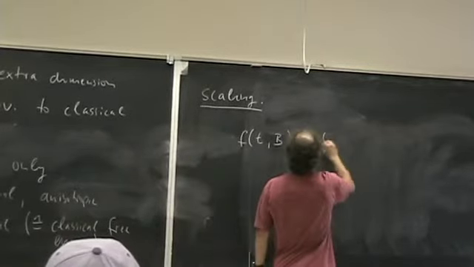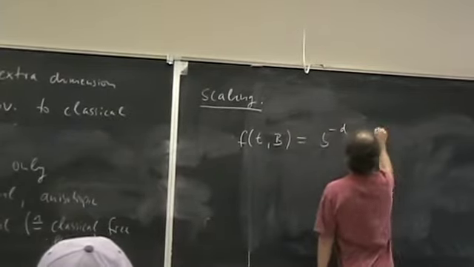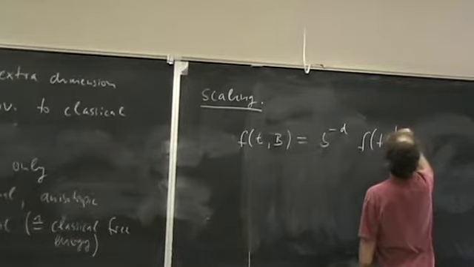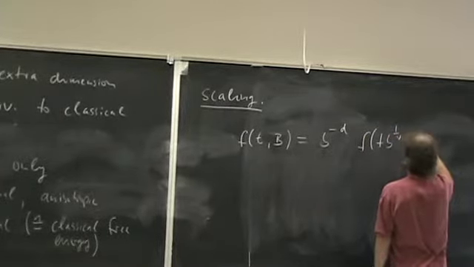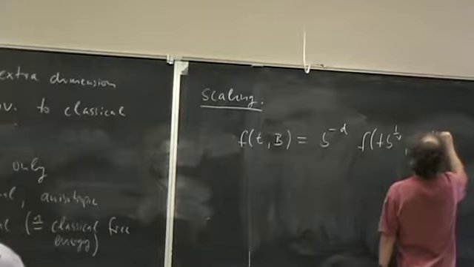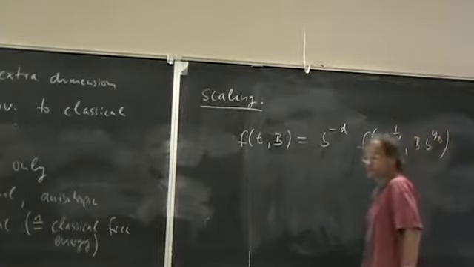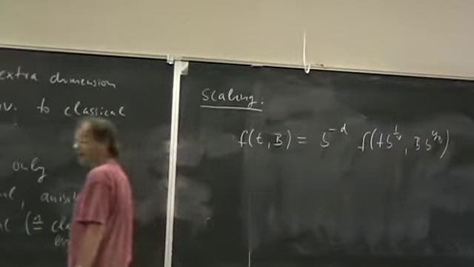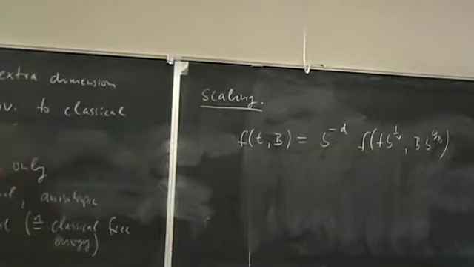And we said that's b to the minus d times f of the rescaled variables like that. Now, we just said the quantum phase transition in d dimensions is equivalent to a classical one in d plus 1 dimension.